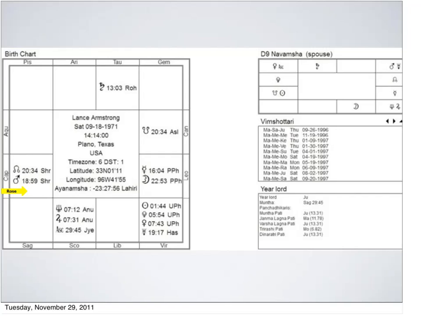Mars is very stoic, and so this Mars Mahadasha, and then Saturn Bhukti. Mars Mahadasha is the first one, and then Saturn is the Bhukti, which we could say is a minor period, but the importance of it is that it's going to instigate an event. It's going to cause an event to happen.